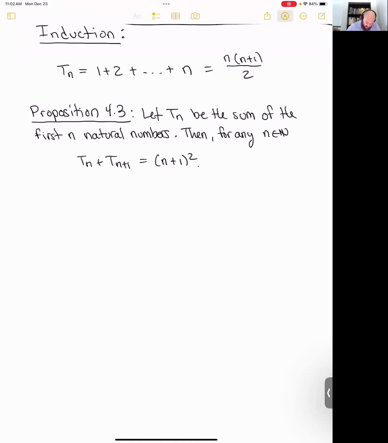That's a little pretty formula, so we generally like that kind of thing. And we're going to prove this using induction.